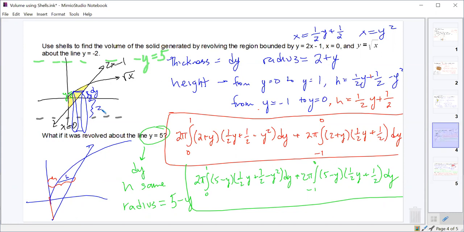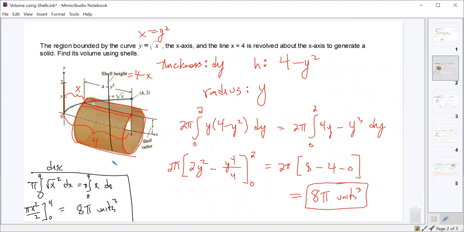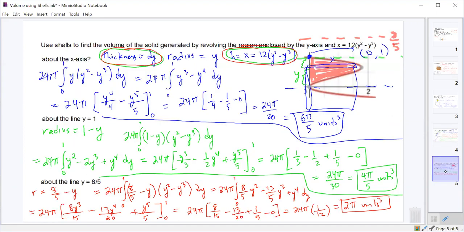We could have used washers for this one, and it actually would have been quite a bit simpler, right? We could have sliced it this way and got an outer radius and an inner radius and been just fine. Similarly to the first one, we could have sliced it and we did discs. We can do it either way if the equations allow. Does that make sense to everybody?